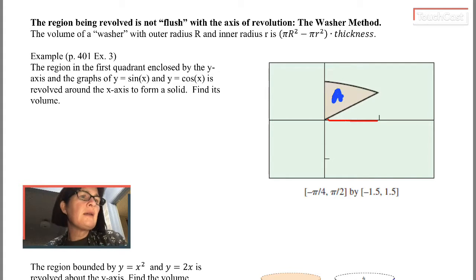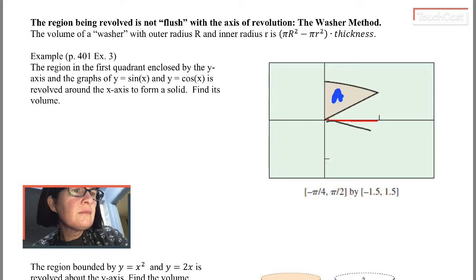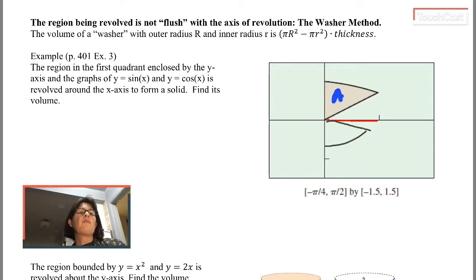Here's my solid, my reflection. Ends up looking like a fish mouth. All right, so you can imagine revolving that around, you get the picture that we just saw, which looked nice in 3D for us. Here I'm going to suggest you draw two slices.